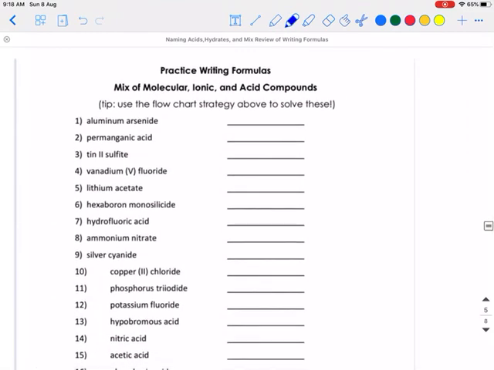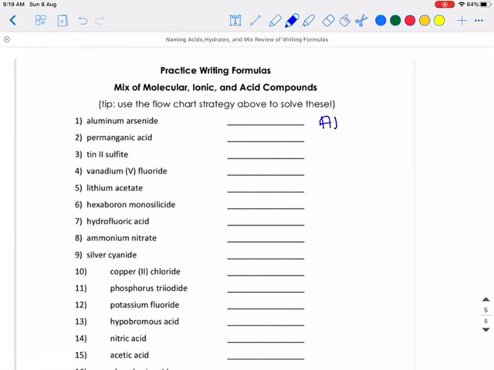Now we spoke about acids, hydrates, and how we name them. Let us make a mixed review of molecular, ionic, and acid compounds. So we will start. We have aluminium arsenide.